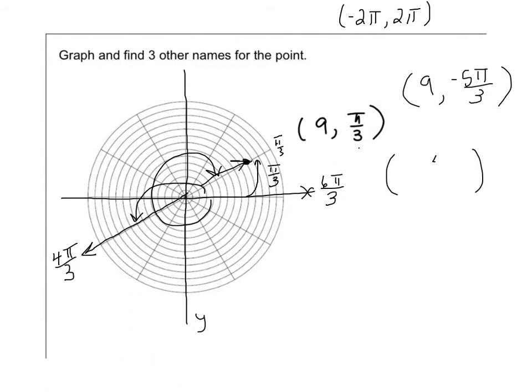So this is going to be 4 pi over 3, but I'm going to go in the negative direction. The last point will be just to rename this using a negative. And so going back this way, this is 3 pi over 3 less a third, so that would be -2 pi over 3.